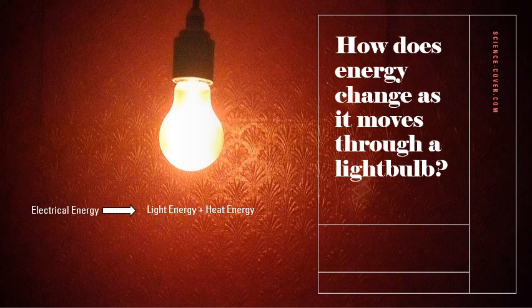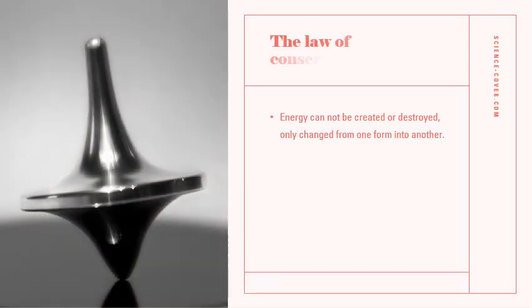Now all of the electrical energy will get turned into the heat and the light, so we're not finishing with more energy than we started with, and we're not starting with more energy than we finished with. This idea is known as the conservation of energy. The law of conservation of energy states that energy cannot be created or destroyed, only changed from one form into another.